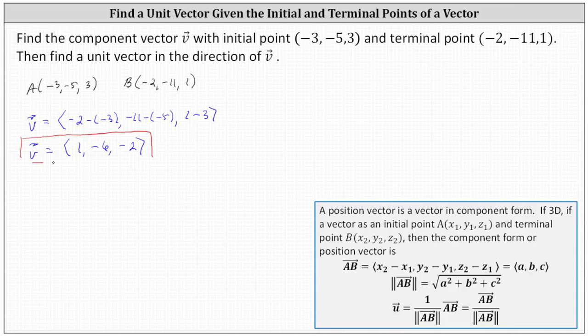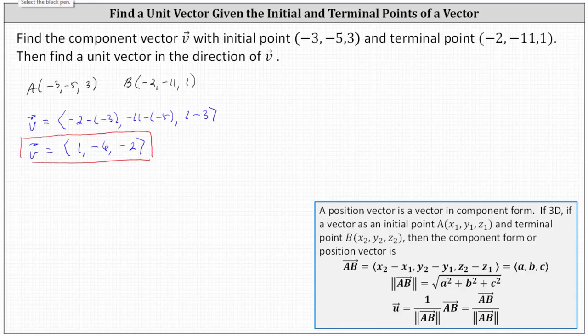For the next step, we're asked to determine the unit vector in the direction of vector v. This can also be referred to as normalizing vector v. To do this, we first find the magnitude or length of vector v, and then the unit vector in the direction of vector v is equal to 1 divided by the magnitude of vector v times vector v.